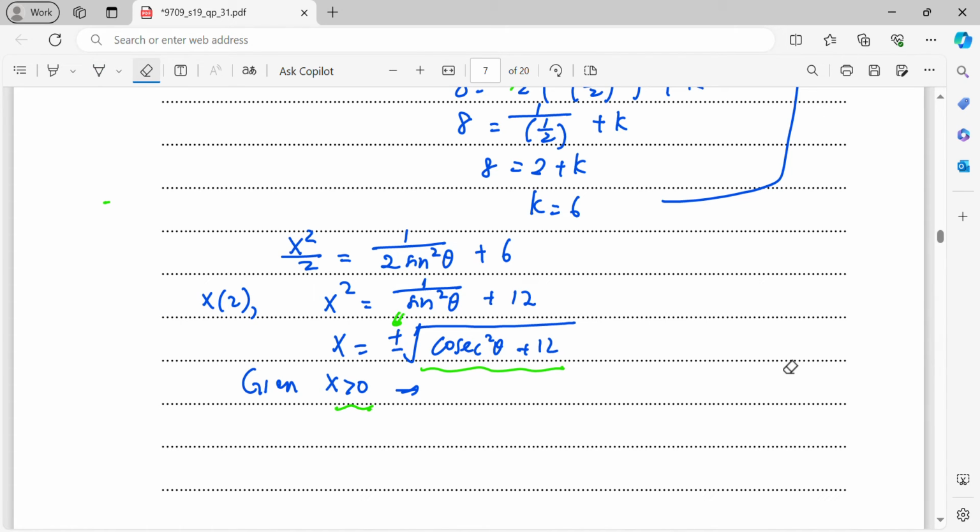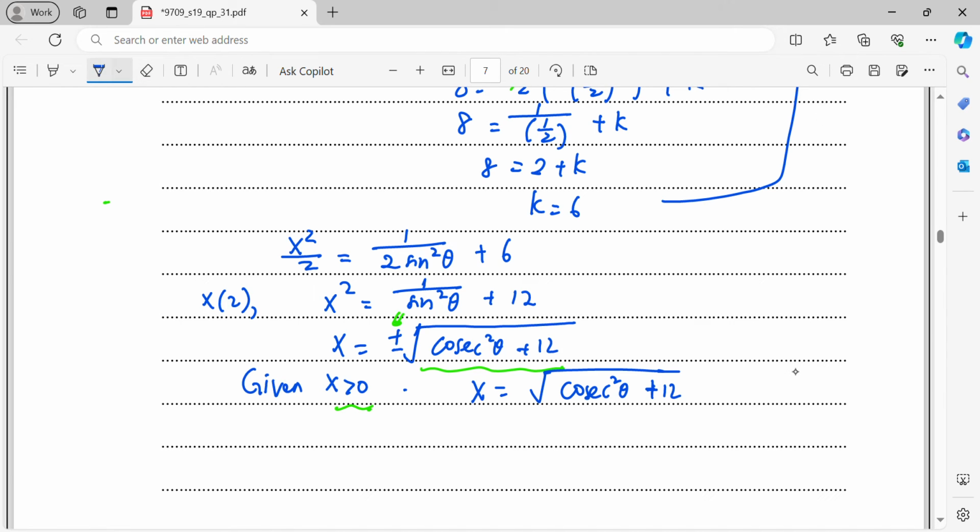Therefore, we shouldn't include the negative value for the x. So my x is going to be square root of cosec squared theta plus 12. So that is my solution. Okay, so done for this question.